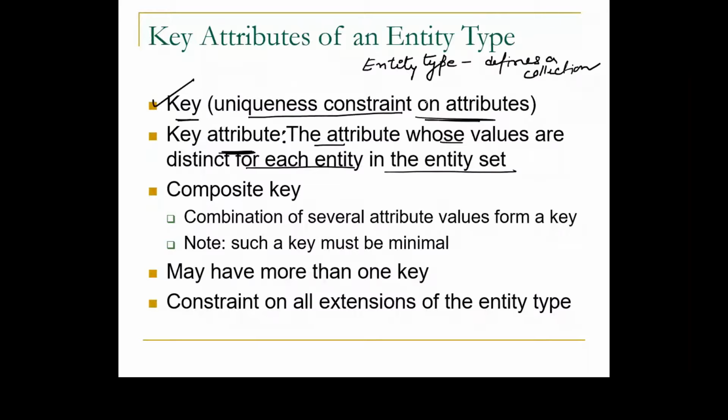So an entity type usually has one or more attributes whose values are distinct for each individual entity in the entity set. Such an attribute is called key attribute.